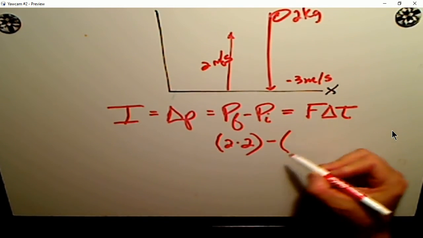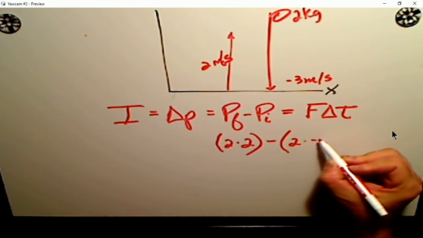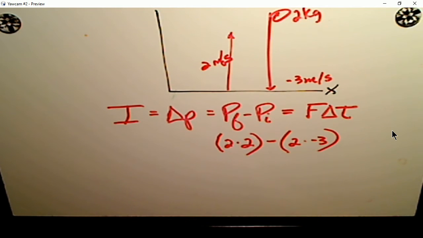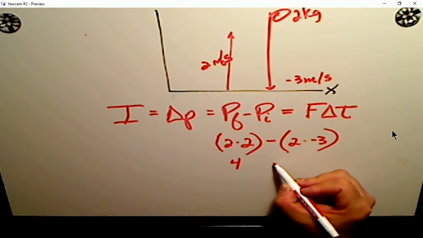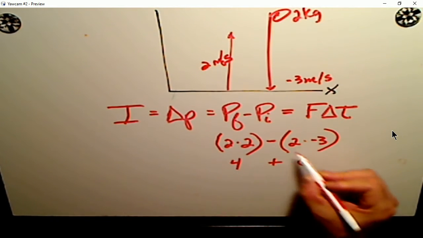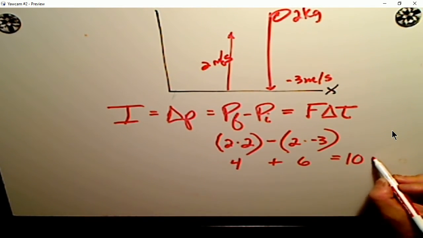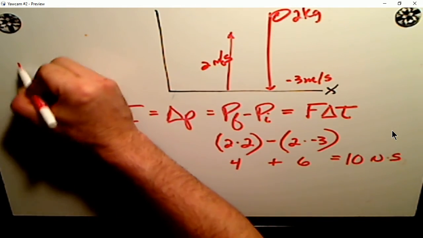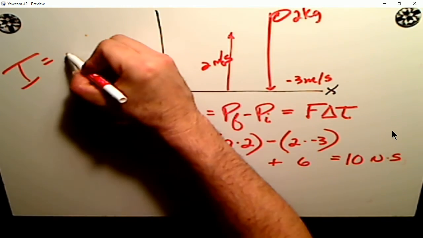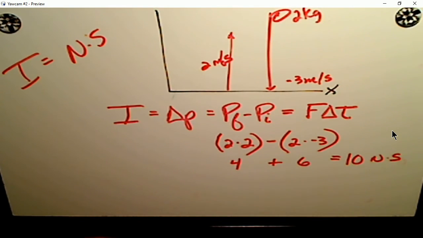The momentum initial is 2 times -3. What's that leave us with? 4 plus 6, a negative and a negative, 10 newton seconds. Newton seconds are the units for impulse.